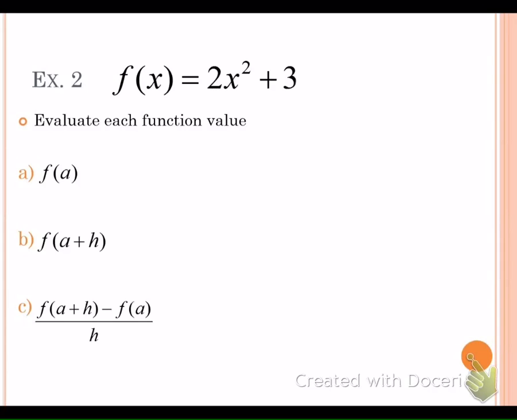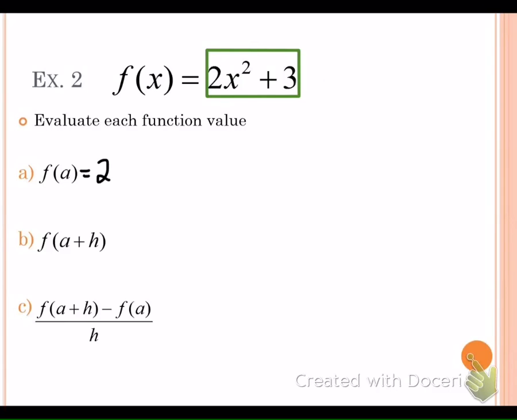Our inputs for f of x is described as 2x squared plus 3. We modified it. So this is our function generator that we're going to generate when we plug in our x values. In our first example here, we're going to plug in our a because a is represented by the input value. Let me rewrite this.